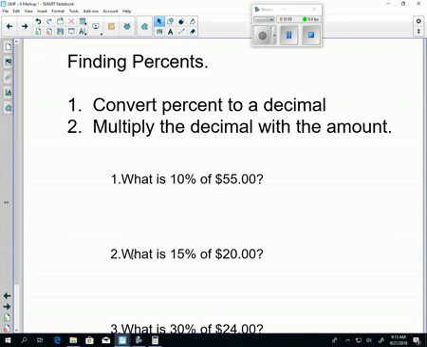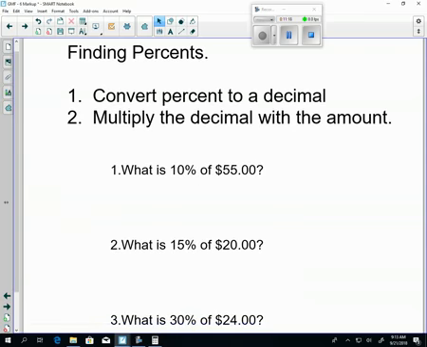Now, markups in stores are usually given as a percent, just like a discount. They'll say they're going to mark it up. A person buys something and they'll mark it up by 10% or 5% or 20%. So we need to know how to change a percent to a decimal. The first thing we always do is convert the percent to a decimal. 100% means everything, the whole thing. 100% is the whole box, the whole enchilada.